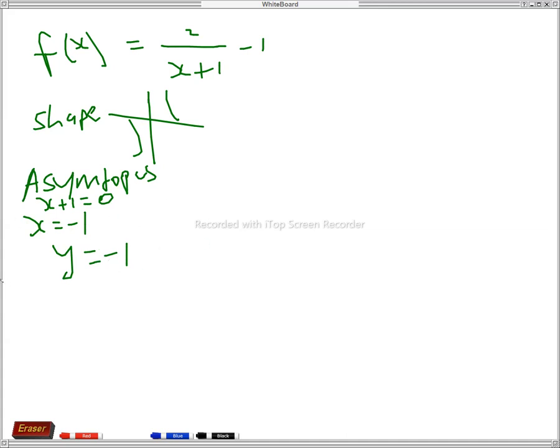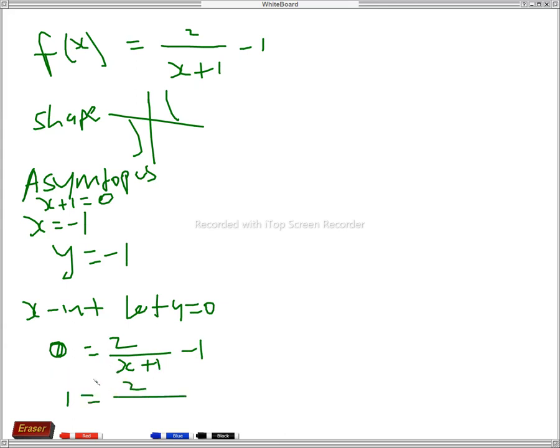Moving forward, we come to the x-intercept. For the x-intercept, I'm going to let my y be 0. So my f of x there is y, therefore 0 is equal to 2 over x plus 1, minus 1. Therefore I transpose, and I'm going to have 1 is equal to 2 all over x plus 1. I'm going to multiply both sides by x plus 1.